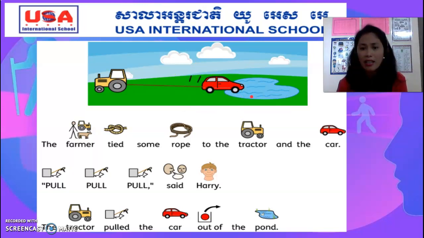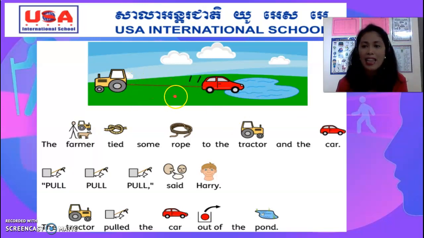What do you think? I think that the car is stuck in the pond. Very good. What force did the tractor use in order to get this car out of the pond? Is it push or is it pull?